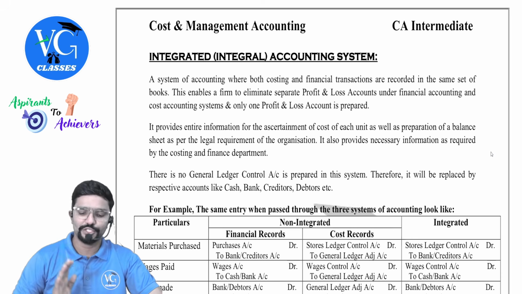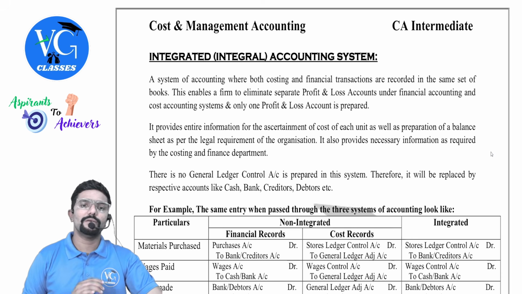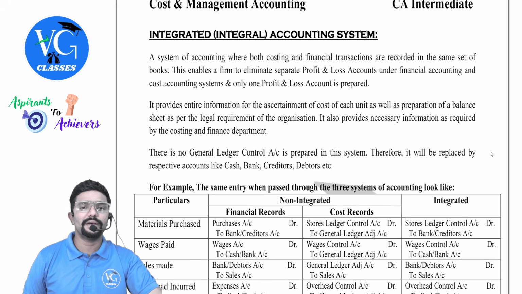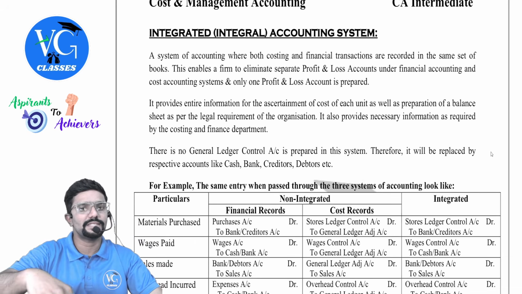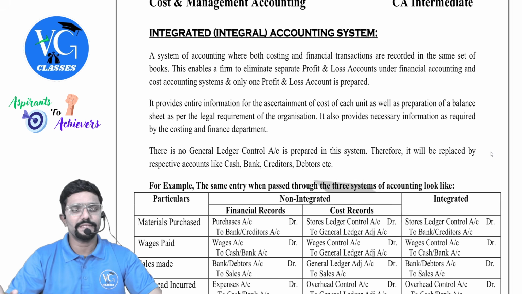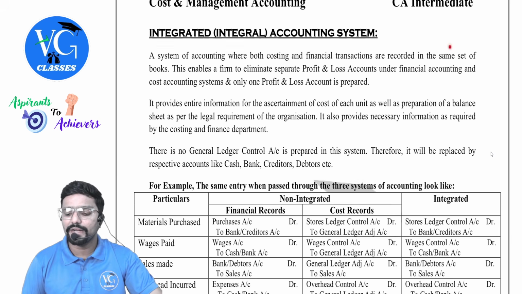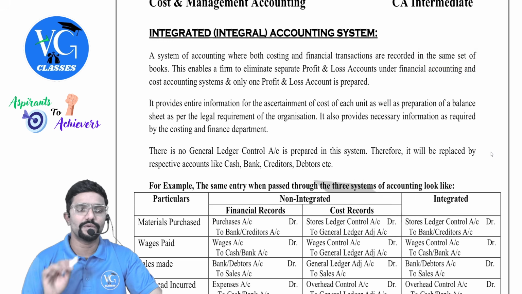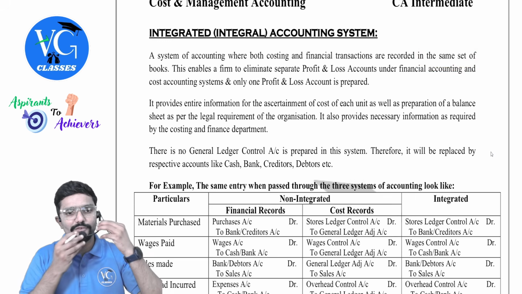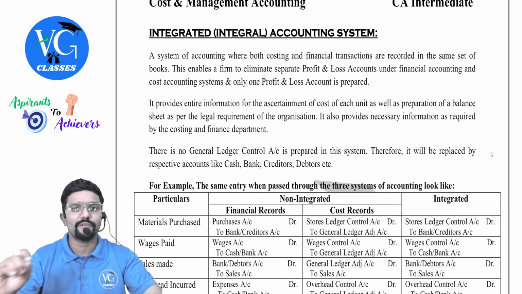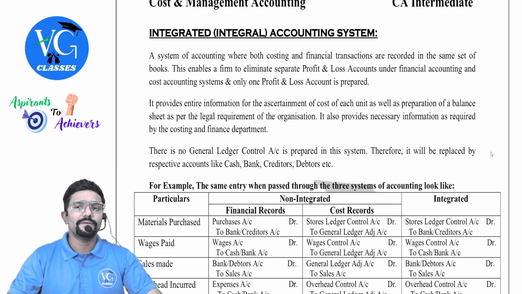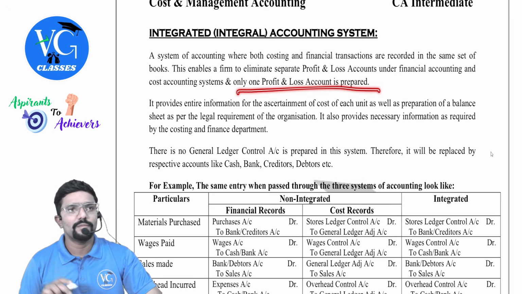Okay. Now coming to the integrated or integral accounting system. What is it saying? A system of accounting where both costing and financial transactions are recorded in the same set of books. This enables a firm to eliminate separate profit and loss accounts under financial accounting and cost accounting systems, and only one profit and loss account is prepared.